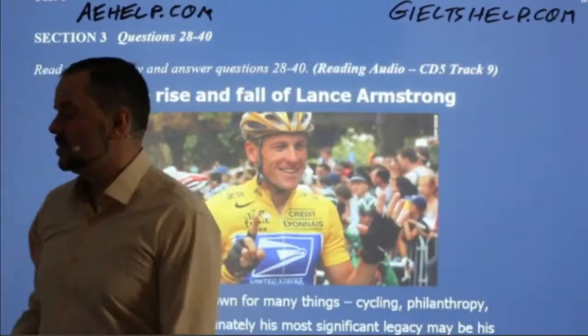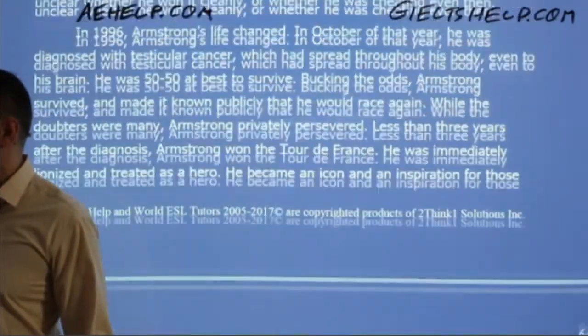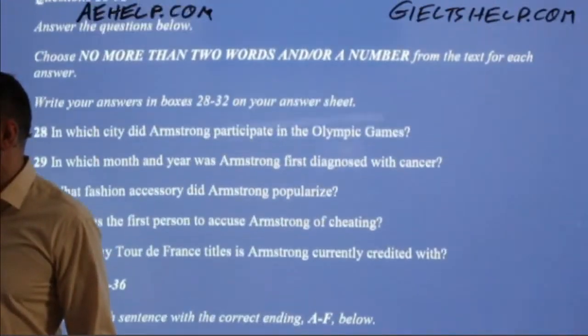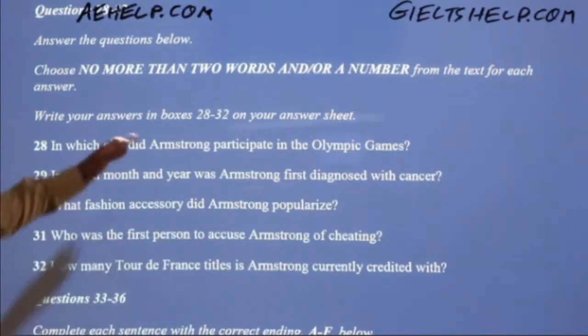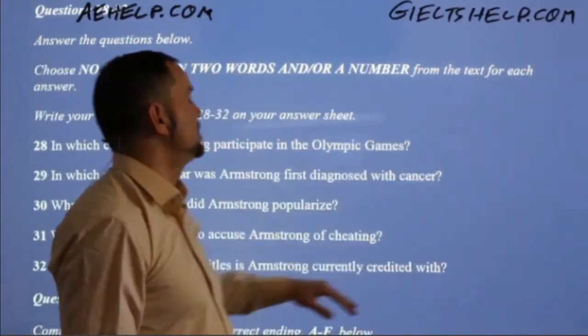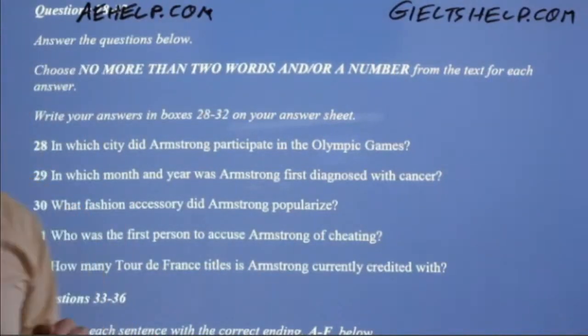passage. Okay, so the next step is, let's take a quick peek at the questions. Okay, so here we go. It's no more than 2 words and or a number from the text for each answer. So you want to give your answers from the text.